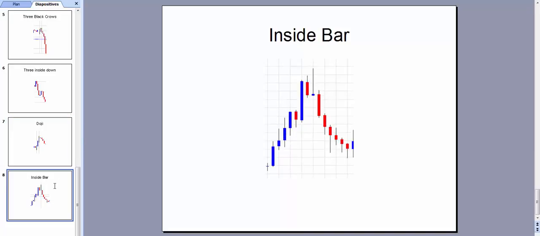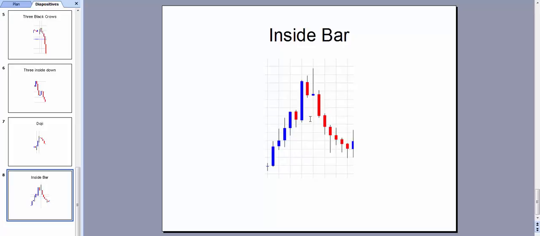We move to another one, which is the inside bar. As I mentioned, the inside bar has the same criteria, and we can find it at the end of an uptrend or a downtrend. The criteria are what matter, and where we find it doesn't matter.